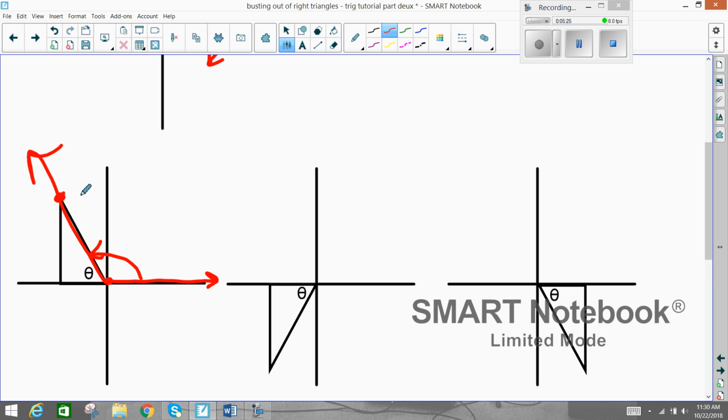So now we're talking about this side over r. r is still the same. These sides are still the same, with one exception really, and that is that our x-coordinate is negative, but our y-coordinate is positive, right? Negative x, positive y.